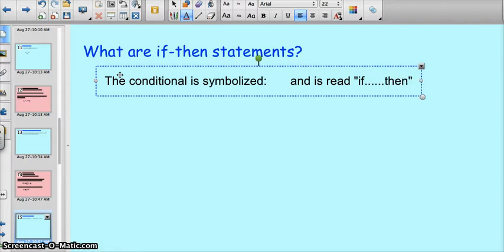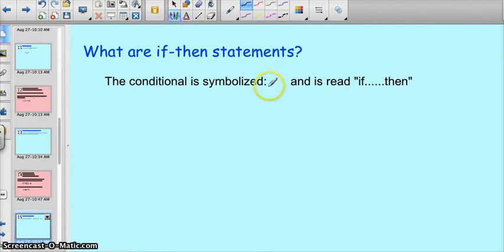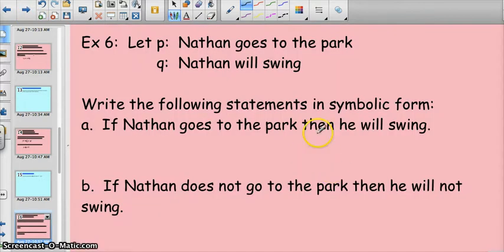The actual symbol that we use for conditional is kind of like an arrow. It's pretty much what it looks like. It goes left to right. It's just a basic arrow that we will use for the conditional. That's kind of the idea. Let's talk about our last example for this video.